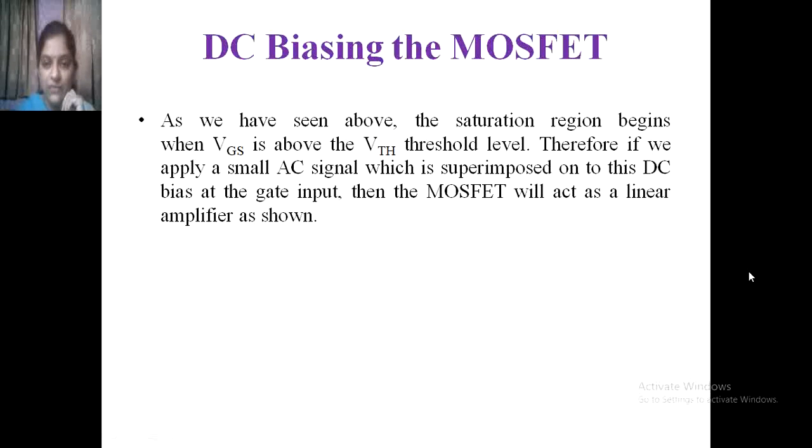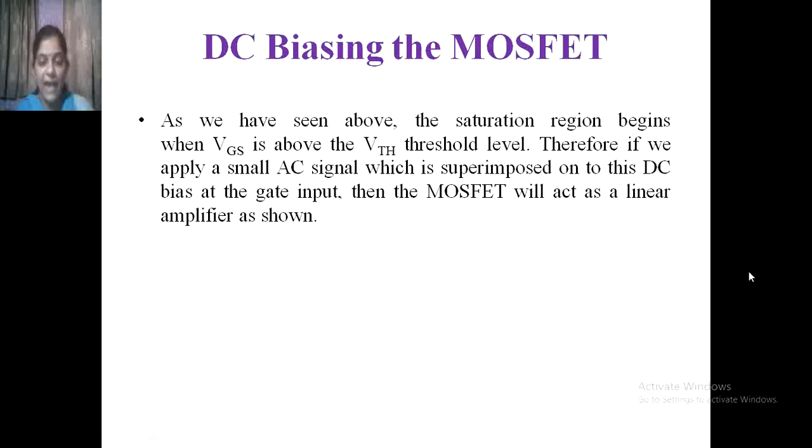Therefore, if we apply a small AC signal superimposed onto this DC bias at the gate input, then the MOSFET will act as a linear amplifier. Already we have seen the working principle.